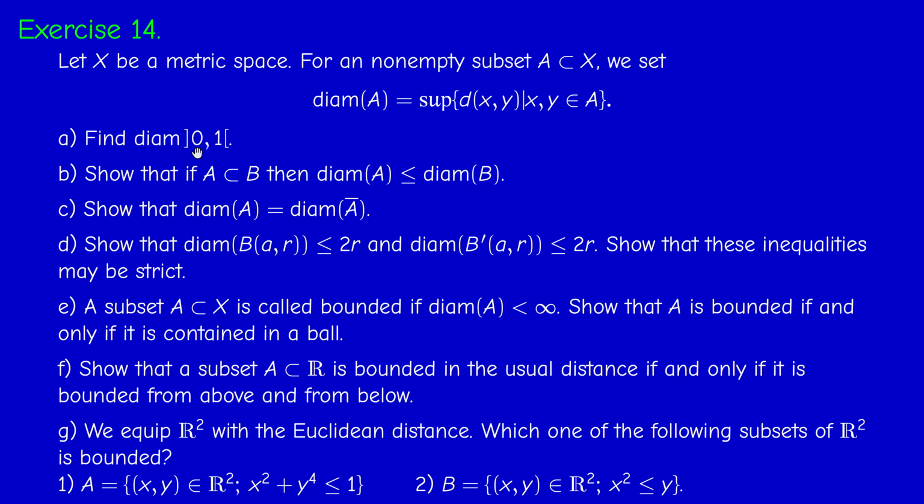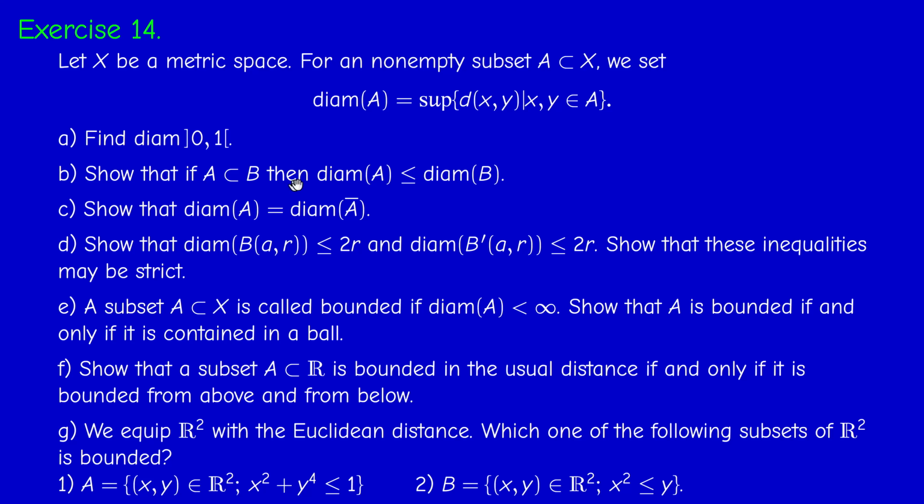If you take just the interval (0,1), 0 and 1 are not in the set, so there are no points in this set whose distance is exactly equal to 1. But I can find 2 points whose distance is as close to 1 as I wish. So the diameter of (0,1) should clearly be 1 minus 0. And more generally, the diameter of an interval (a,b) is b minus a.